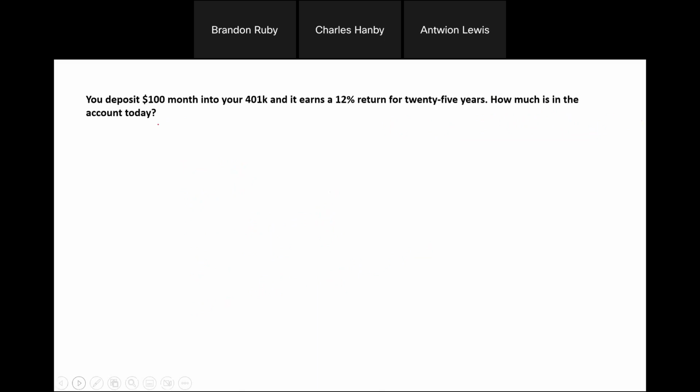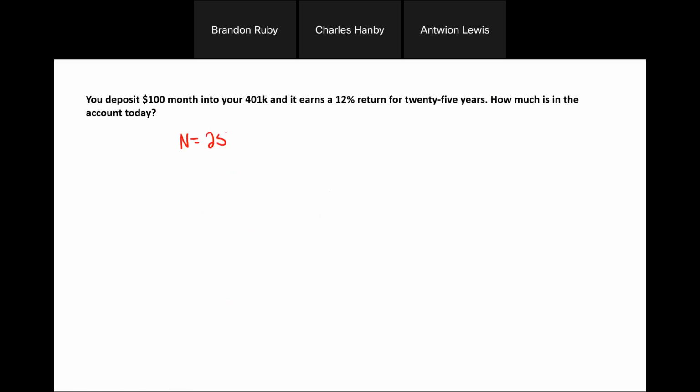So you deposit $100 monthly into your 401k. It earns 12% return for 25 years. How much is in the account today? So we've got $100 monthly, so N is going to be the number of months.